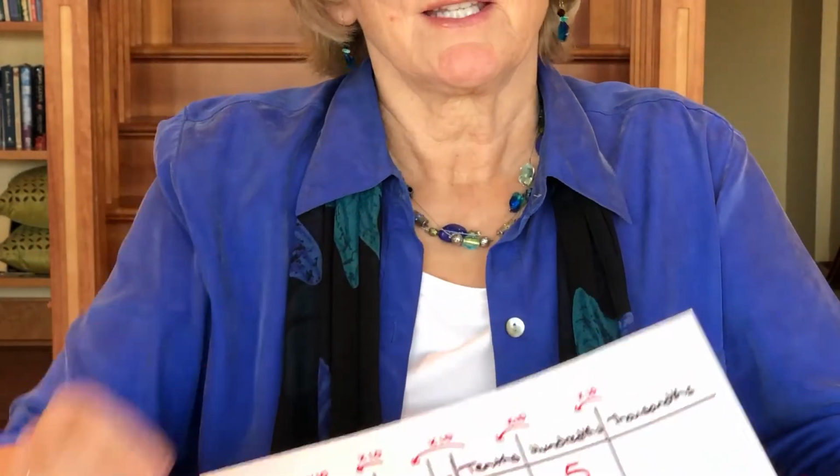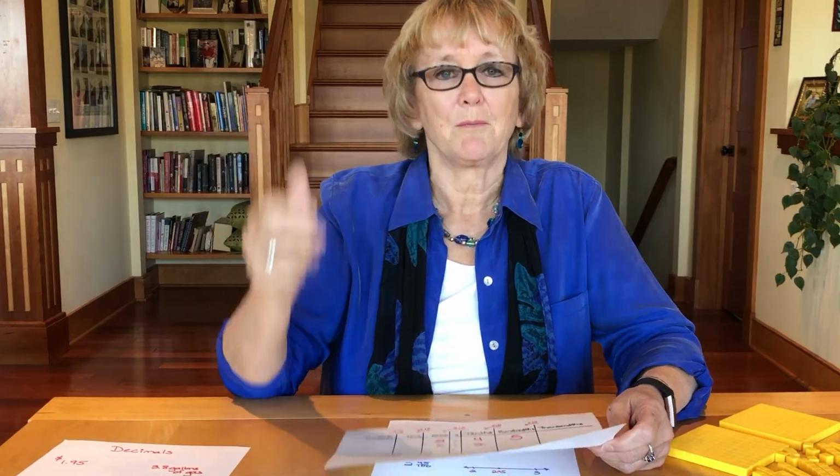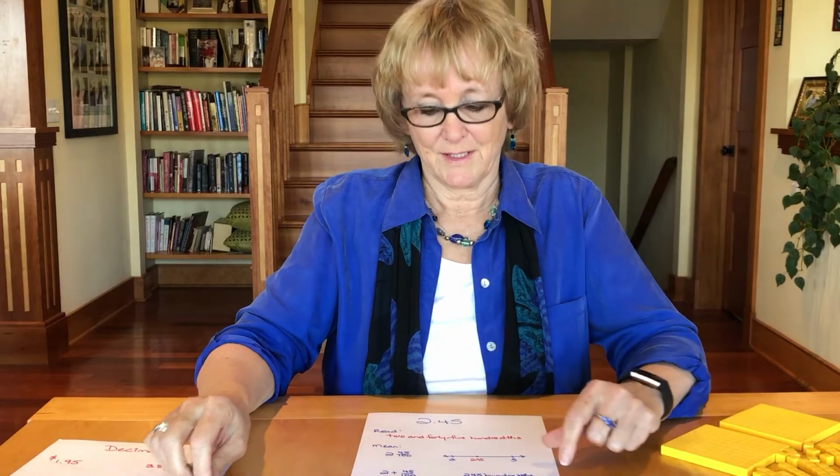As I said, two things that I wanted to look at: how do we read decimal numbers, and also what's the meaning behind it. And the meaning will help us with our operations with decimals.